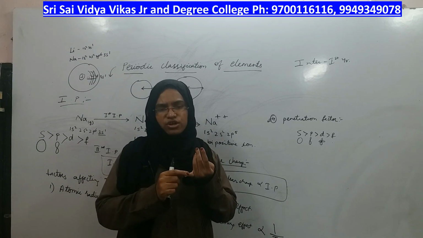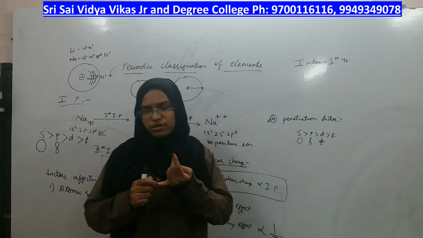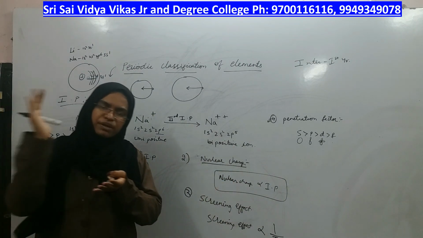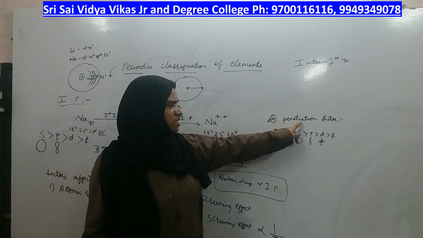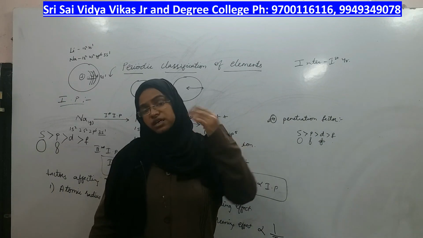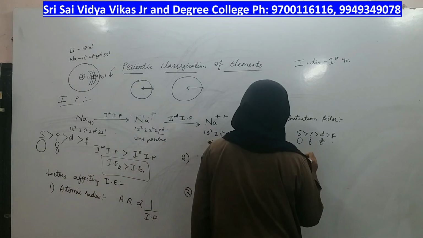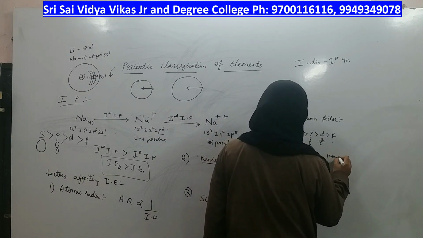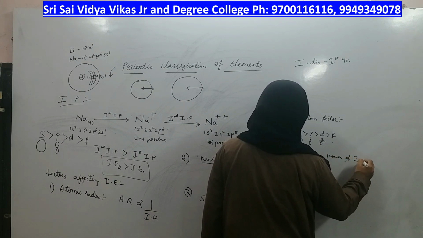Removal of an electron from the s orbital is very difficult because s orbital is more penetrated, more bending towards the nucleus we can say. And therefore if penetration power is more, ionization energy will also be more, right? Penetration power is directly proportional to ionization energy.